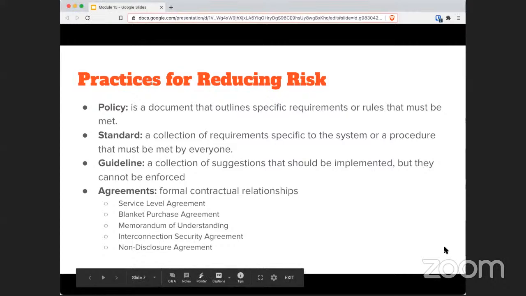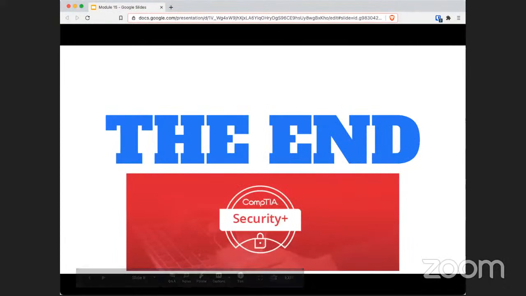That is all the stuff that we have talked about throughout these last 15 weeks. All the things that are expected of an entry-level cybersecurity professional with the Security Plus certification.